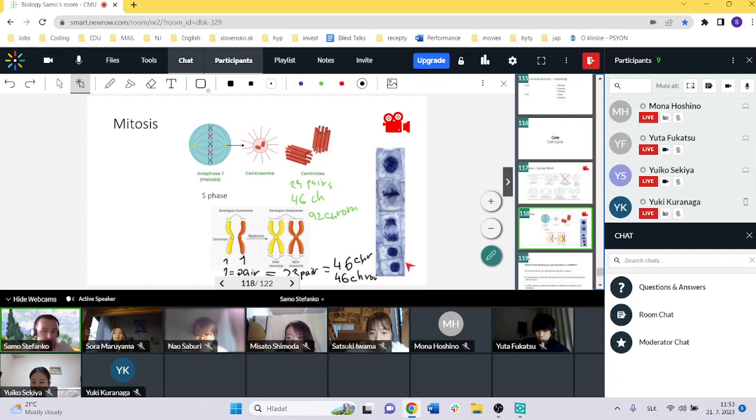So exactly, this is a plant cell and this is the cell wall between them, because in the late phase, in the cytokinesis of plant cells, they create a cell wall between them from the center of the previous cell. Perfect.